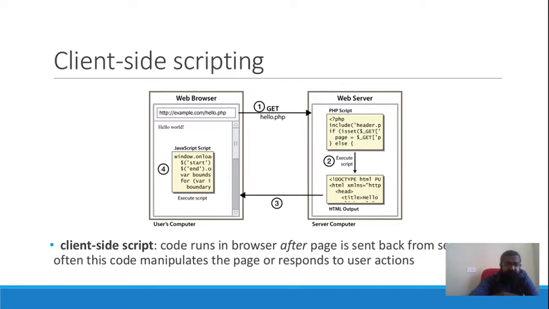A web browser, this is on the left side of the slide. You have a web browser representation. The web browser generates a request to the web server to try and get hello.php.